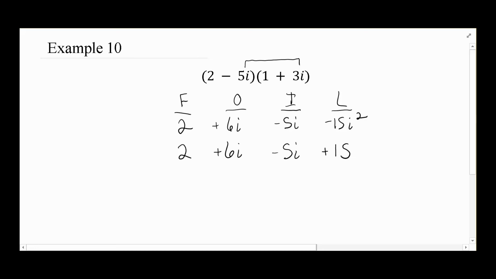And this way we can then do all of our combining like terms in this step. I don't like to do combining like terms and something else in the same step. That's when your brain starts to get confused and you make errors. So now we can go ahead and combine like terms. That 15 plus 2 gets us 17, and 6i minus 5i gets us positive i. And this is a plus bi form with the real part followed by the imaginary part.